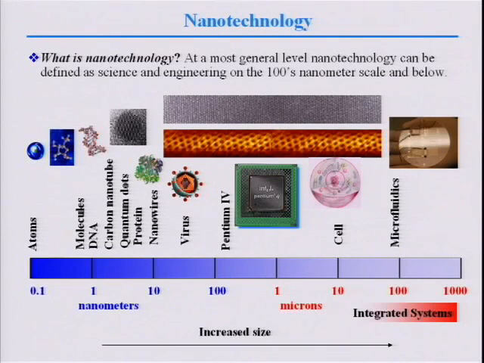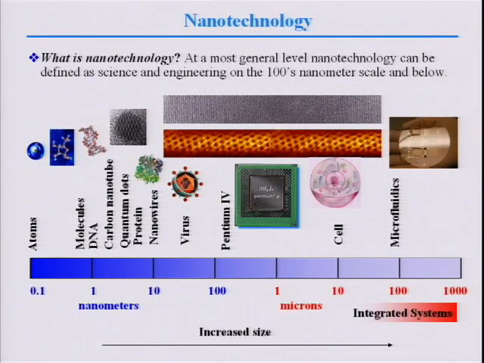You probably all learned about atoms. Atoms have a size around 0.1 nanometer also. So going up, you start to see the nanometer regime. The size of the nanometer regime typically includes molecules, DNAs, for example, proteins, currently a really active research area, carbon nanotubes, quantum dots.